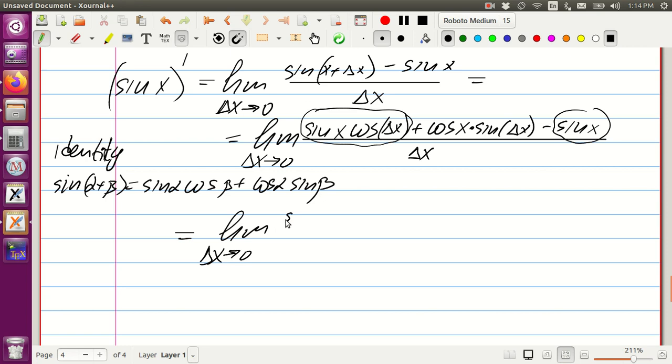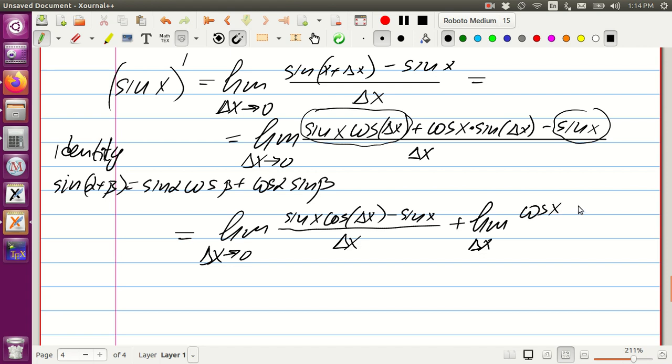Our first fraction is sine of x cosine of delta x minus sine of x divided by delta x, then plus the limit as delta x goes to 0 of cosine of x sine of delta x divided by delta x.